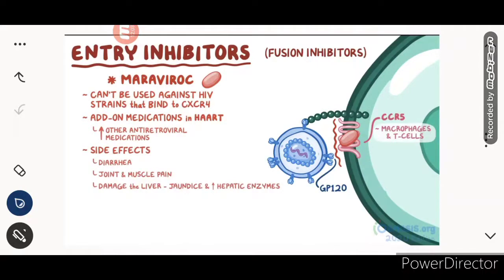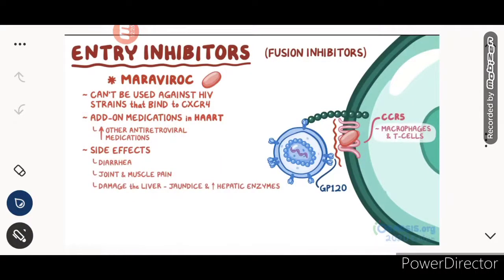Okay, so it is used as an add-on medication in HAART, that is the highly active antiretroviral therapy, and it is also used to boost the other antiretroviral medications.